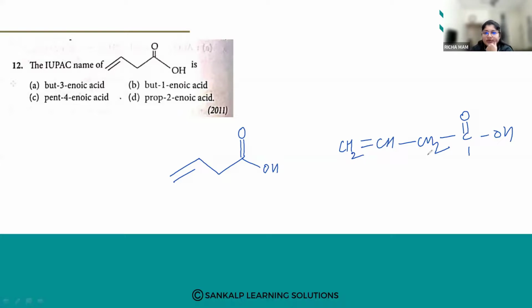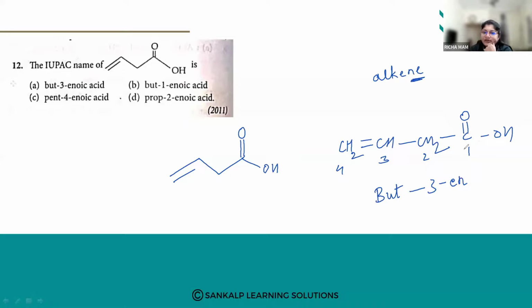Okay, so the carbons will be numbered 1, 2, 3, and 4. So how are we going to name it? Try. What is the name? Four carbons, so but. Then at the third position you have an alkene. When you have an alkene, the ending is en.